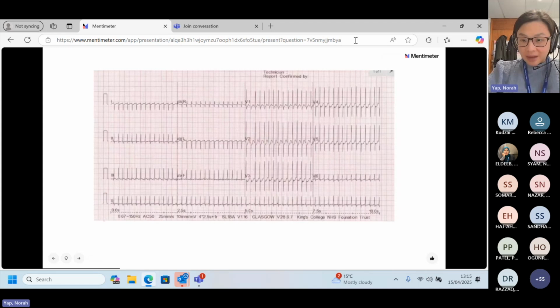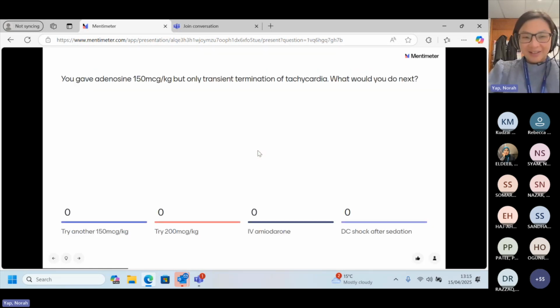A little bit of ST depression in the chest leads. Otherwise, it's just narrow complex.